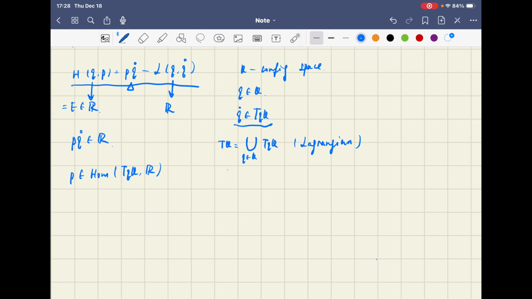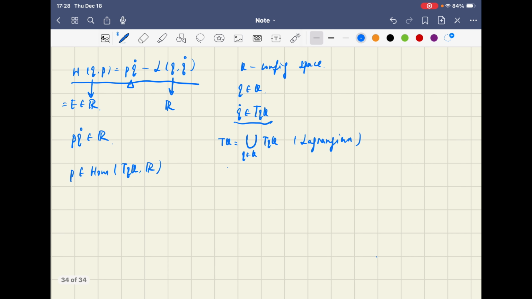So the space that p is in, we call Hom(T_q Q, R). This notation represents all the linear maps that project something on T_q Q to R, and that's essentially what this means. This space is also called the dual space of T_q Q, and we denote it by adding a star on top of it.